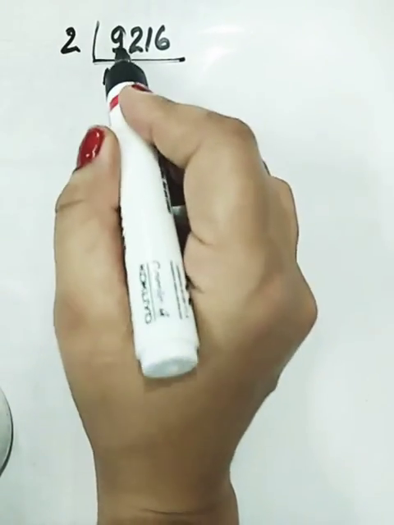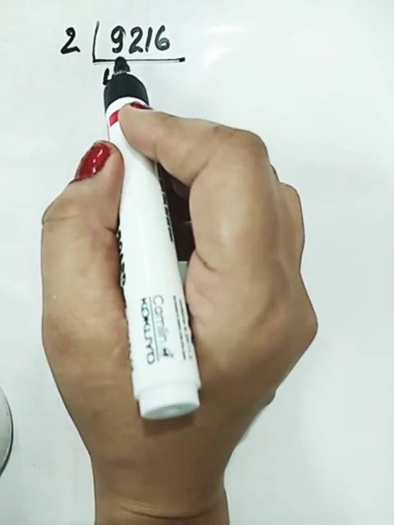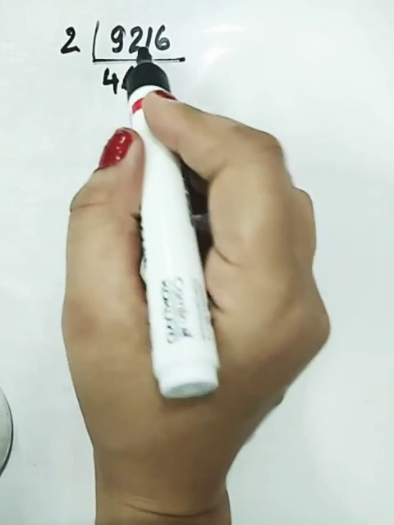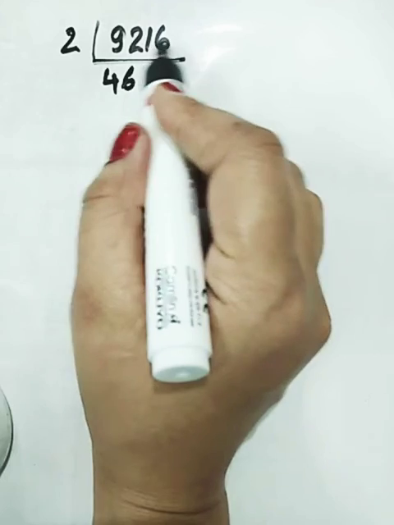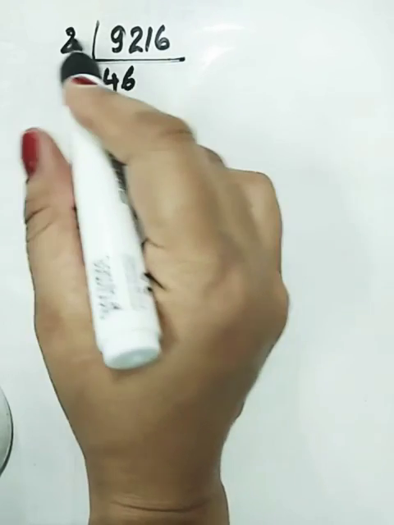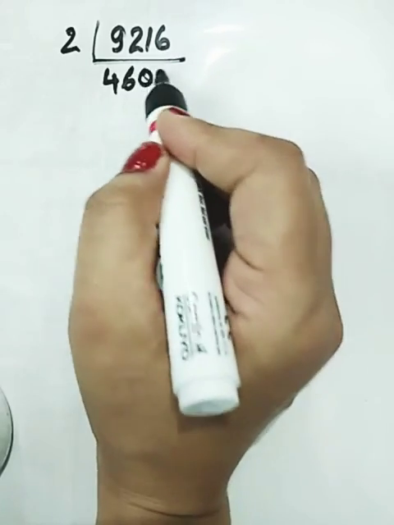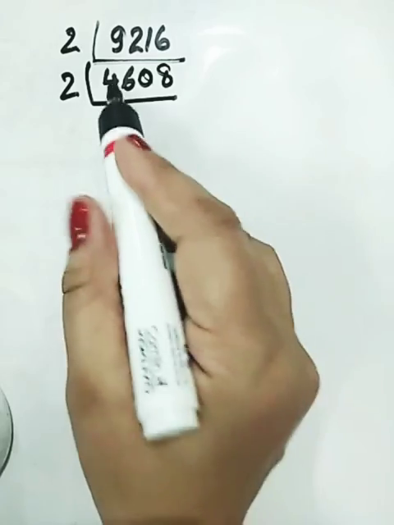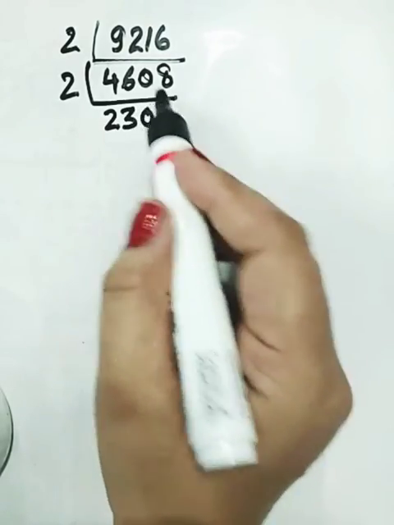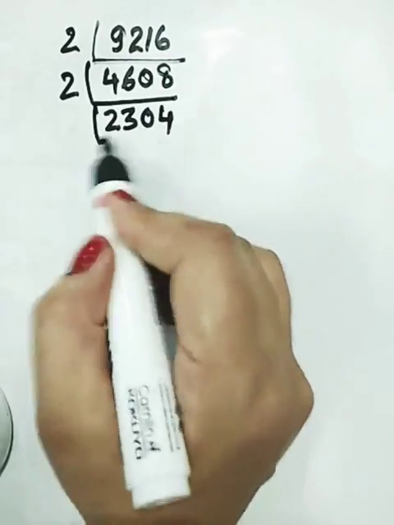9216. 2 4s are 8. 9 minus 8 is 1. So 2 6s are 12. This is gone. 2 digits I have to take together because 1 will not go with 2. 16, I'll see. 2 digits, that means make a 0. Then 2 8s are 16. Then again 2 2s are 4. 2 3s are 6. 0 will copy down and 2 4s are 8.